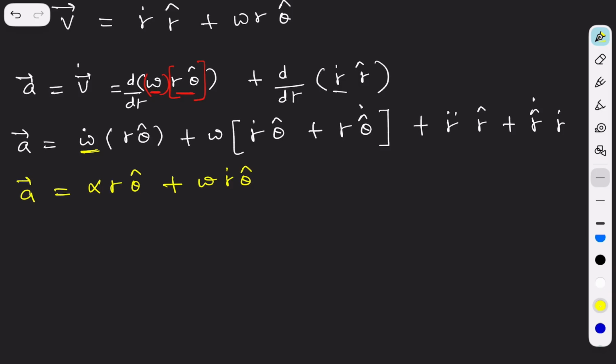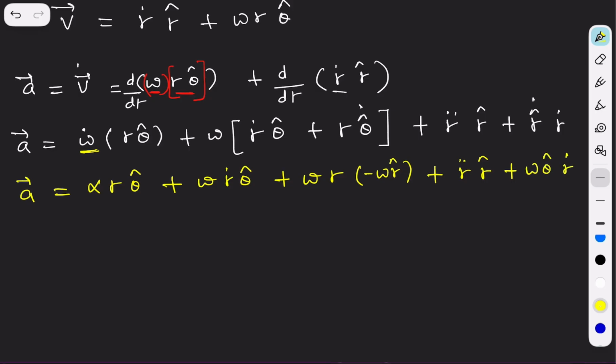plus omega r theta cap dot, which is nothing but minus omega r cap, plus r double dot r cap, plus r dot cap. We know that r dot cap is omega theta cap, so omega theta cap r dot. If I combine all those things, I'm going to separate the r cap terms and theta cap terms separately.